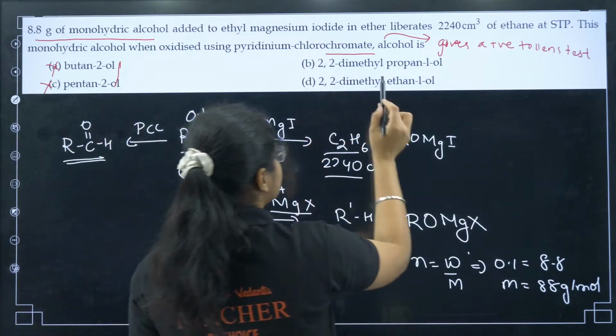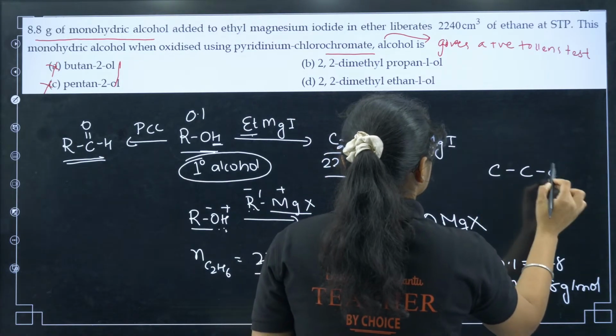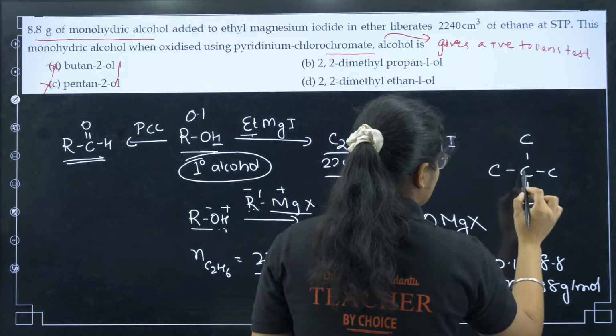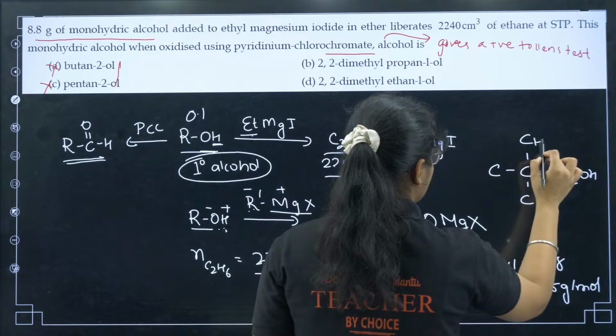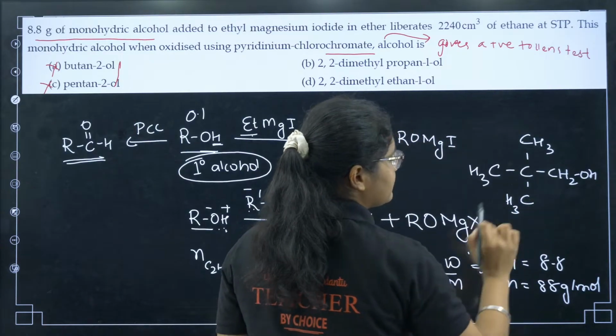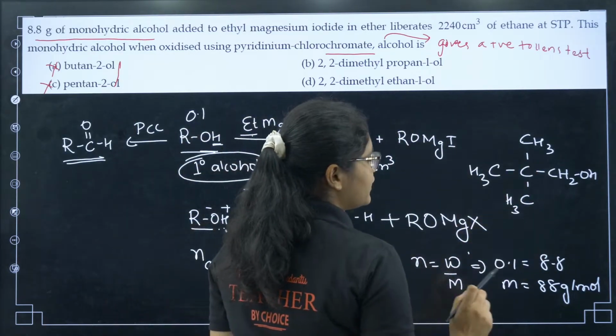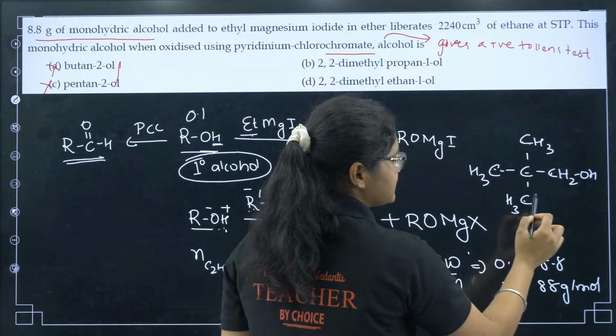Let me check with option B, 2,2-dimethyl propan-1-ol. So this is the formula, 2,2-dimethyl propan-1-ol. Can we check the molar mass here? 1, 2, 3, 4, 5 carbons. 12 fives are 60.